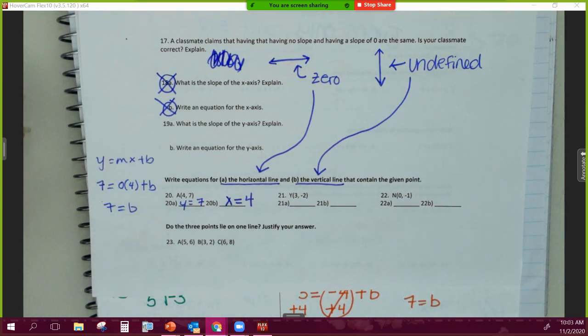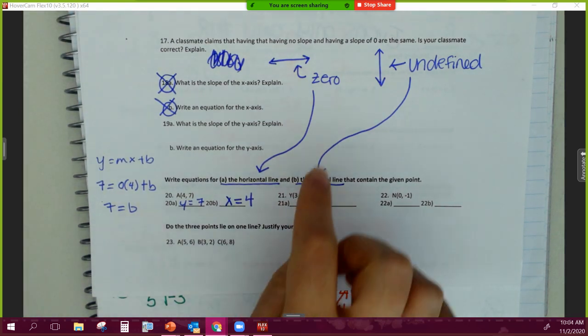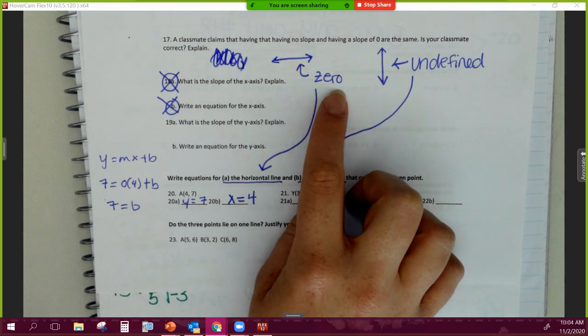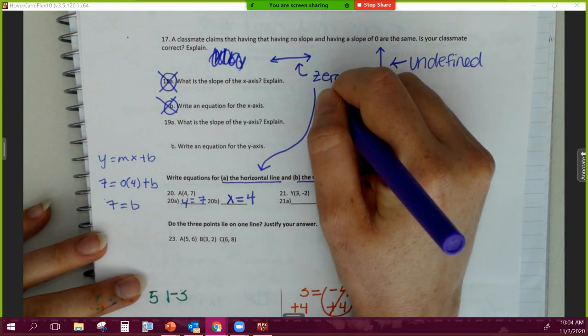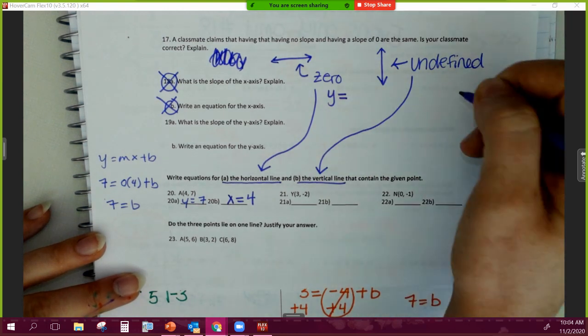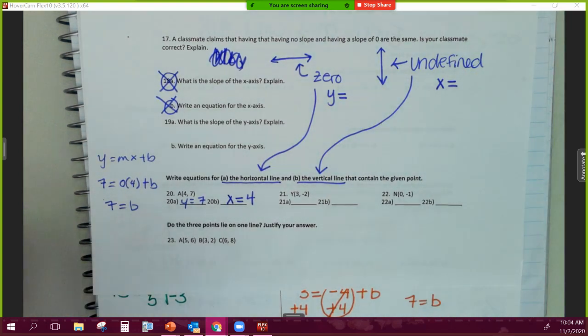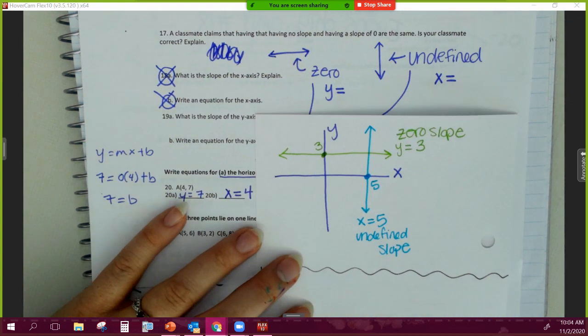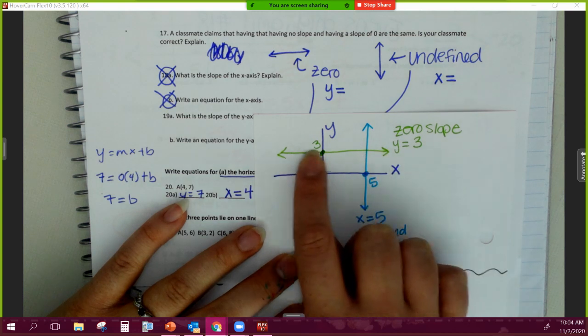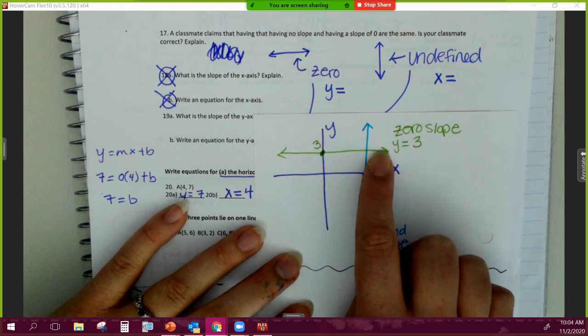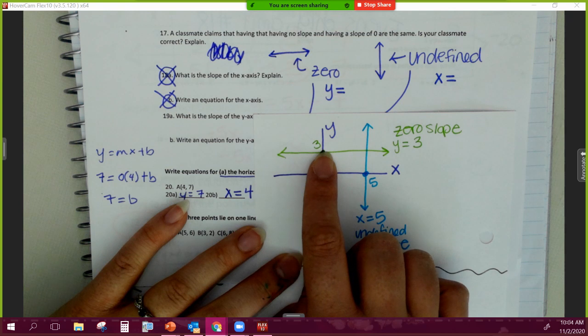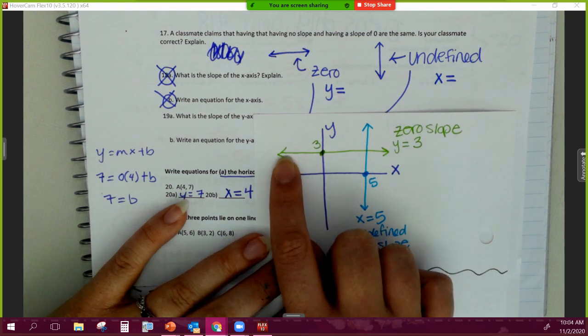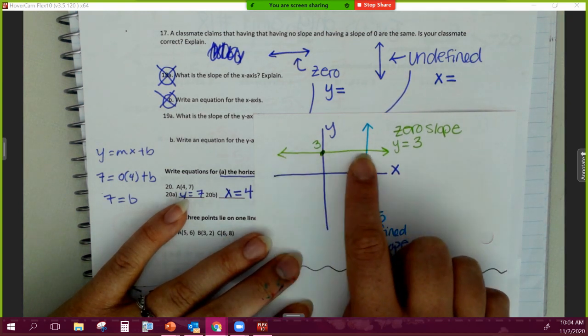So I just want to remind you guys that when you have a zero slope, that's a y equals equation. And when you have an undefined slope, that's an x equals equation. So to help you understand, a zero slope is just a flat horizontal line, which means that there would only ever be one y value because y is always going to stay at the same height.